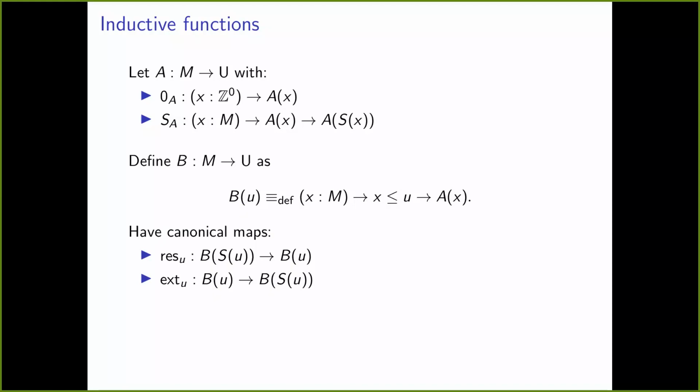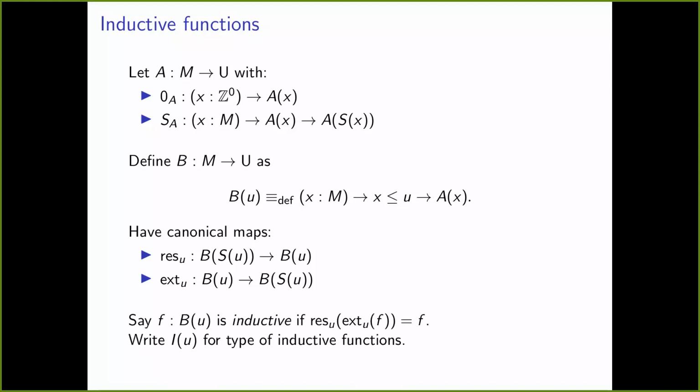The restriction is kind of direct: if you have defined something up to SU, then in particular it's defined up to U. And extension is a bit more complicated. If you have something defined up to U, you can extend it to something defined up to SU using basically these assumptions and a case distinction on M, which again is a coproduct.